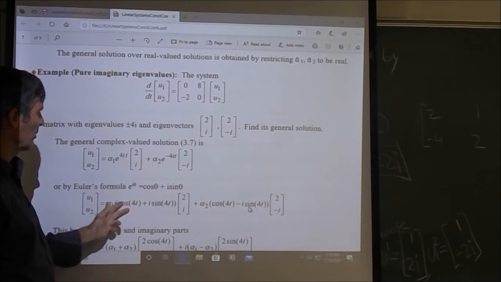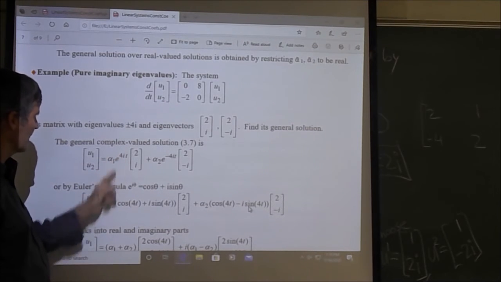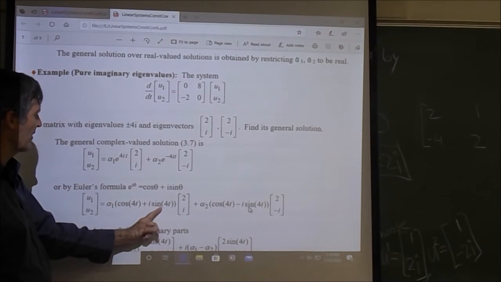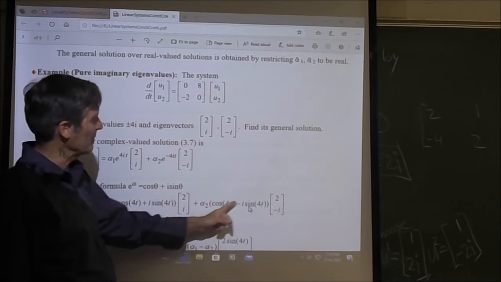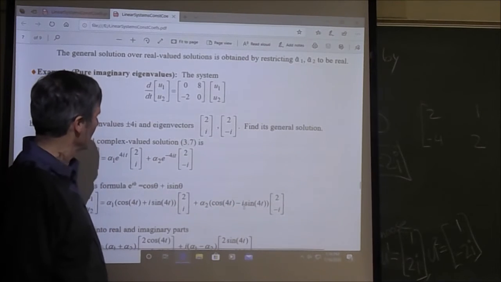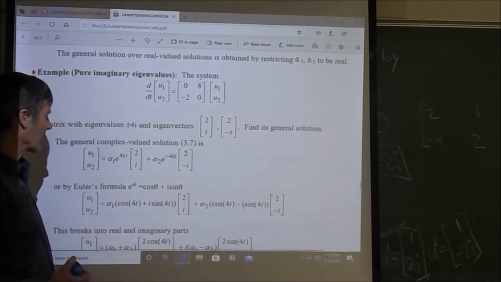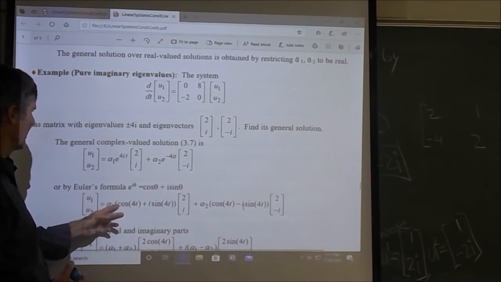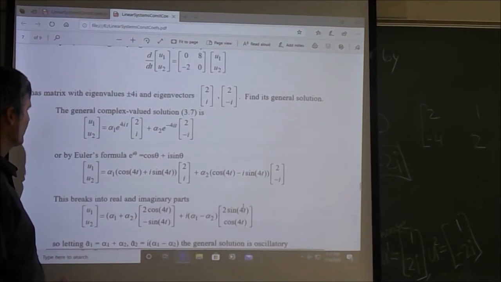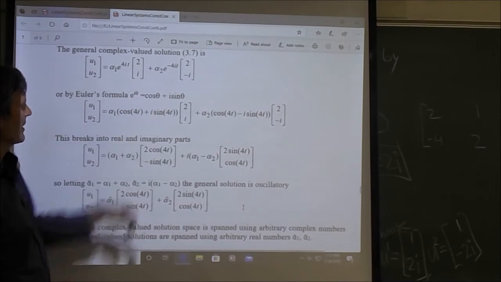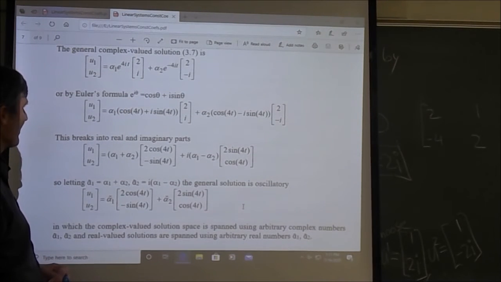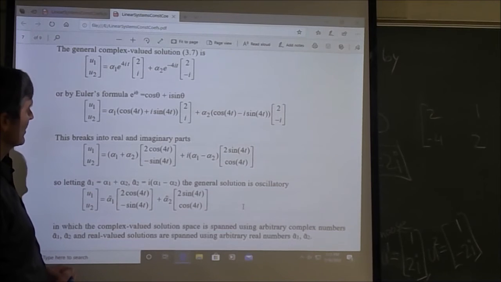Once again, we multiply this out. We replace e to the 4it with cosine 4t plus i sine 4t. E to the minus 4it is cosine 4t minus i sine 4t. And so this is what it comes out to be using Euler's formula, that e to the i theta is cosine theta plus i sine theta. Now we can break this up into real and imaginary parts, right?